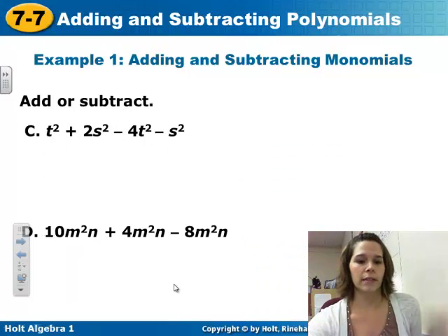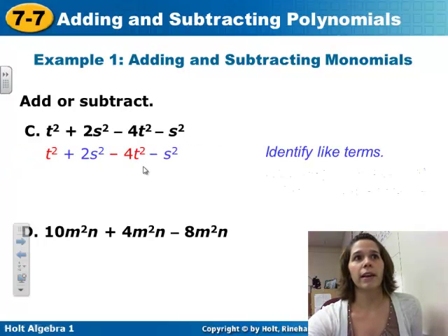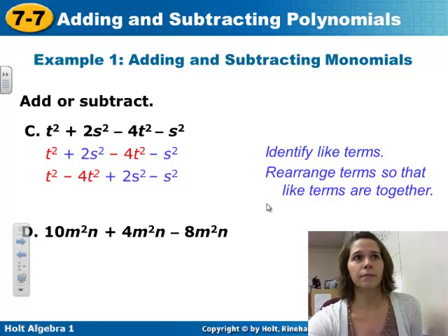Okay, a couple more examples. t squared plus 2s squared minus 4t squared minus s squared. I have two different variables in this example. So I'm going to check my t's and see if they have the same exponent, and they do. I'm also going to check my s's and see if they have the same exponent, and they do. So let's rearrange this with my like terms and put them together.